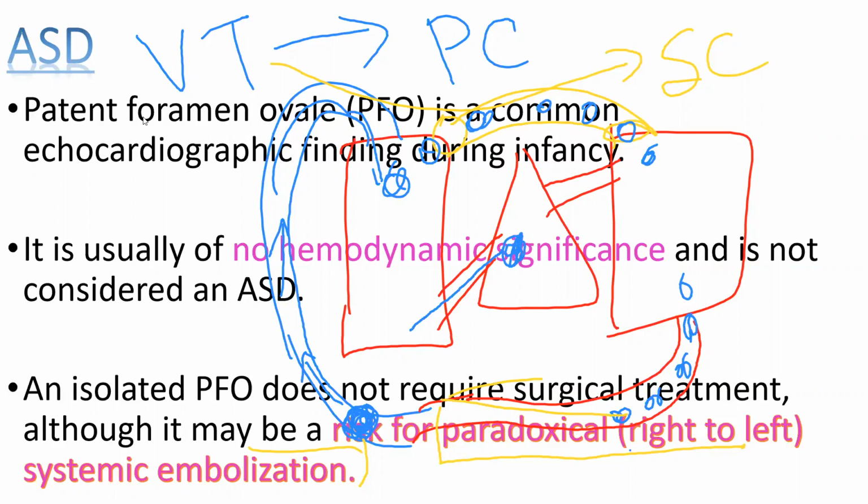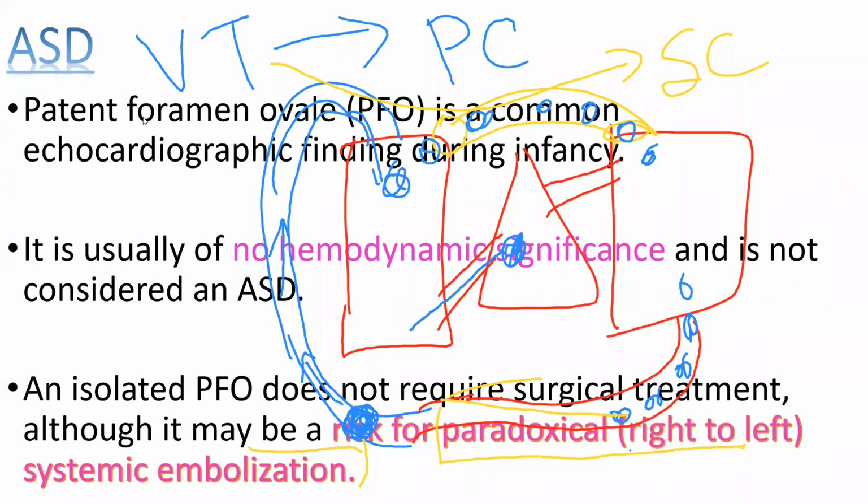So do not forget. All of you tell me, is the PFO regarded as the ASD? No, sir. Is the PFO a very common finding in the echocardiogram of the infant or not? Yes, sir. And can it cause hemodynamic significance?